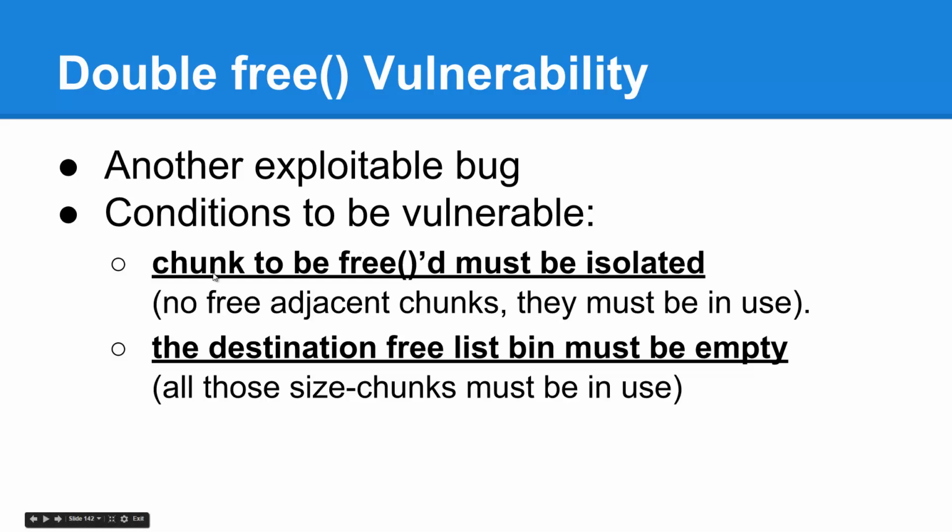First, the chunk that is going to be double freed must be isolated. There must be no adjacent chunks next to it that are also freed. Everything around it must be in use. Second, the destination free list must be empty. That means that the free list for that bin size must have every single bin allocated. There can be no free bins.